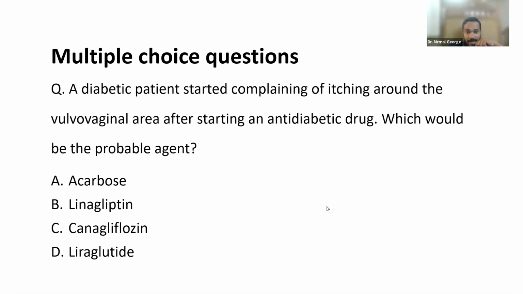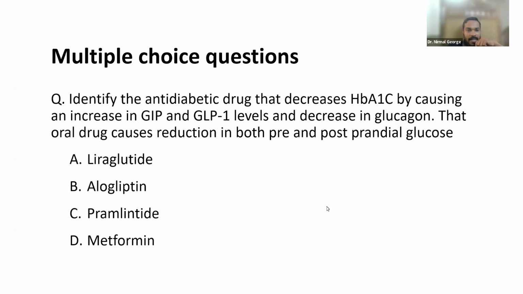It inhibits the reabsorption of glucose from the proximal convoluted tubule. So that will result in increased excretion of glucose, which will result in increased risk of urinary tract infection and also genital infection.